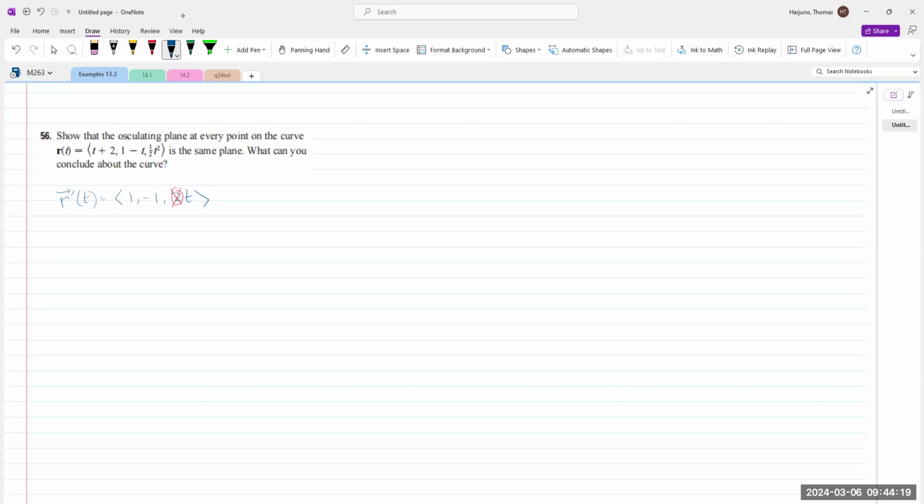Well, anyway, my magnitude of r prime t is the square root of 2 plus t squared. So my unit tangent vector will be 1, negative 1, t divided by that, right? And then for my T prime t, of course you have a couple of ways to do this.